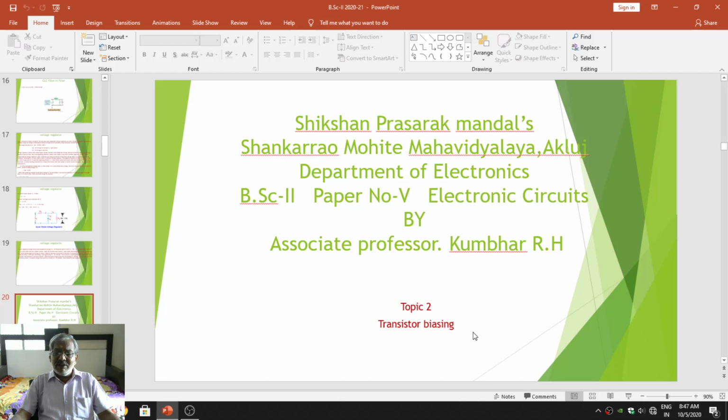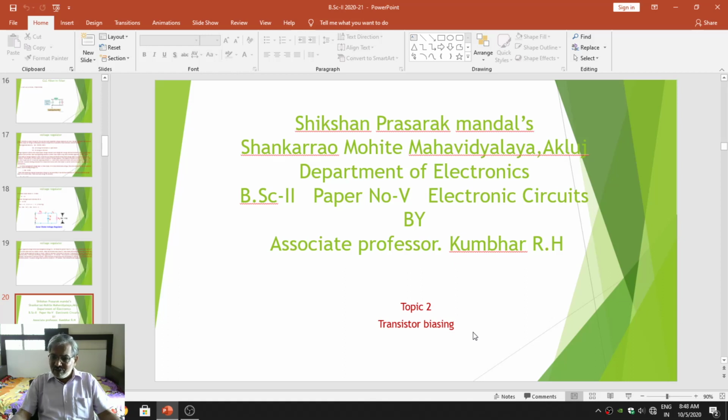But merely by knowing the structure, it will not work for a particular purpose. So to make it be in working condition, it should be provided with a power supply.